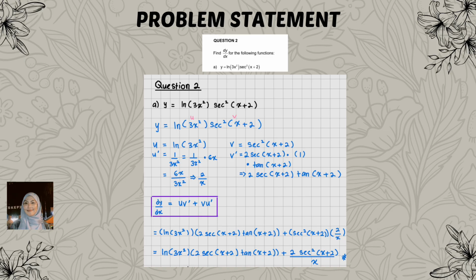After that, we should differentiate v to get v prime. After differentiating v, we're going to have our v prime, which is 2 secant x plus 2 multiplied by tan x plus 2. Next, we should apply our product rule, which is we just fill in the formula and get the answer.